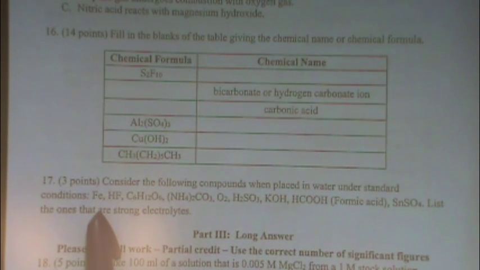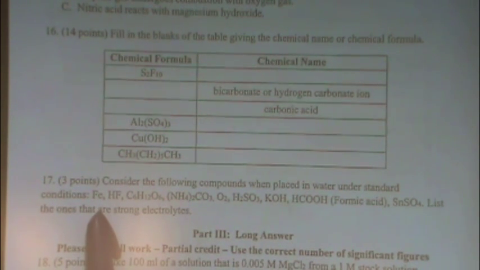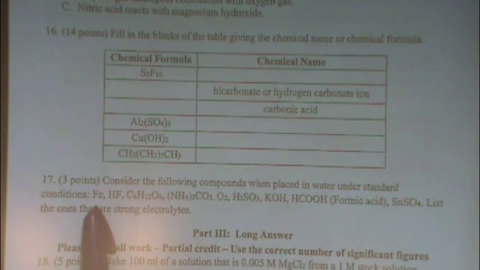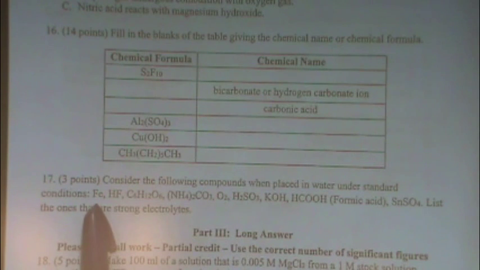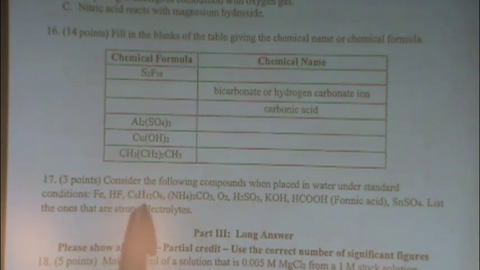Under standard conditions, I'm looking for aqueous ones, and they better be aqueous ionic, or aqueous strong acid, or aqueous strong base. Okay. No, that's a solid. No. This is aqueous acid. Is it a strong acid? No, because it's not on the table.